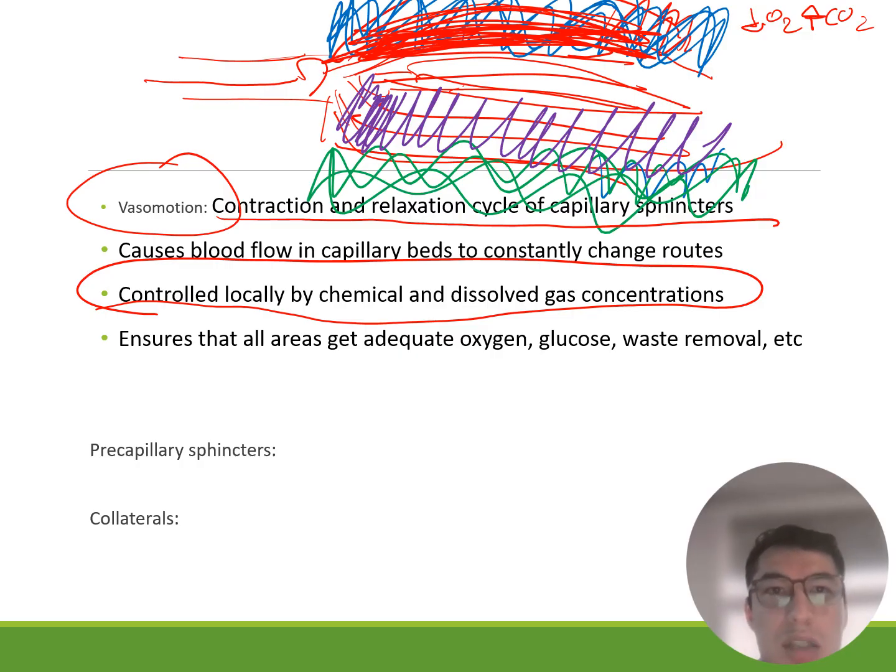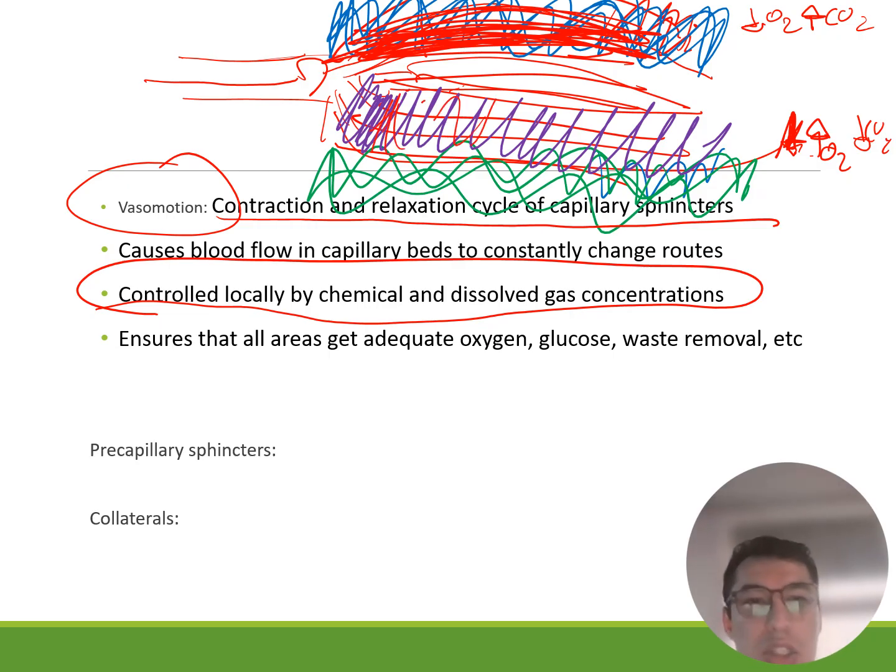So that is going to cause vasodilation or relaxation of that precapillary sphincter. Now, in contrast, this one will have a rich supply of oxygen and a decreased CO2. So that is what is causing that vasoconstriction right here, that contraction of those precapillary sphincters.